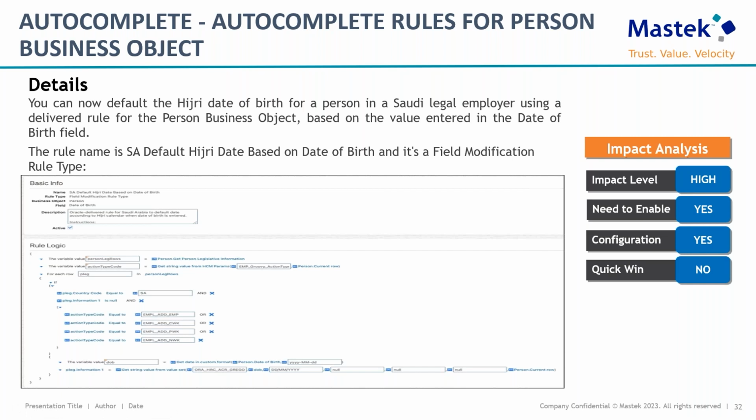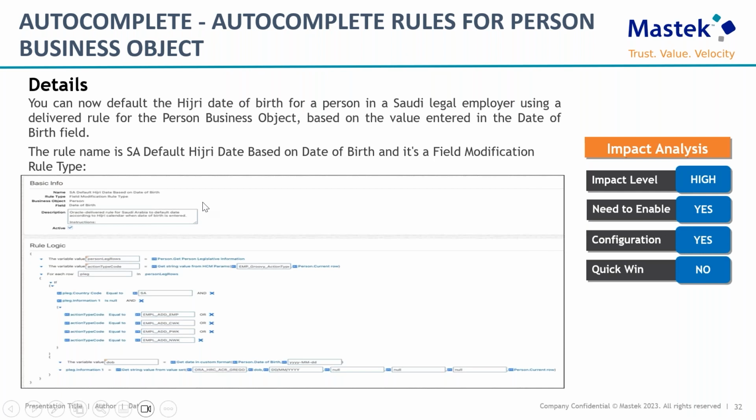You can now default the HG date of birth for a person in a Saudi legal employer using a delivered rule for the person business object. Based on the value entered in the date of birth field, it will auto-populate the HG date of birth. The rule name is SA default HG date based on date of birth, and it is a field modification rule type.